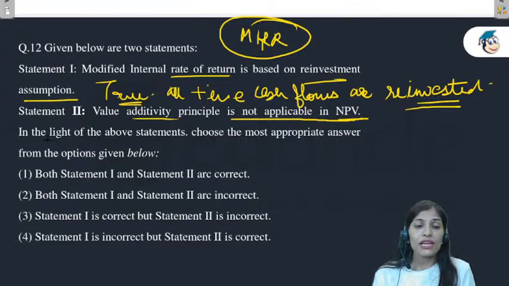Okay, in the light of the above statements, we have to choose the correct answer. Value additivity principle is not applicable in NPV. NPV में value additivity, that means summation of values. Additivity is summation of value, is not available. See, it was available. It is available, right? Actually, it is available. Here I am writing the answer.